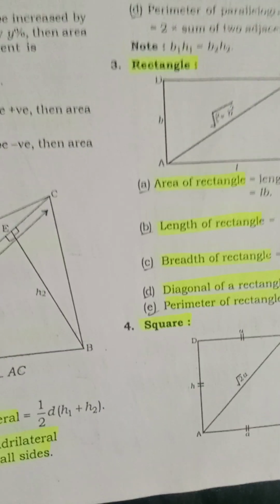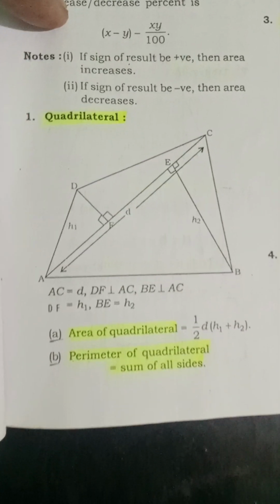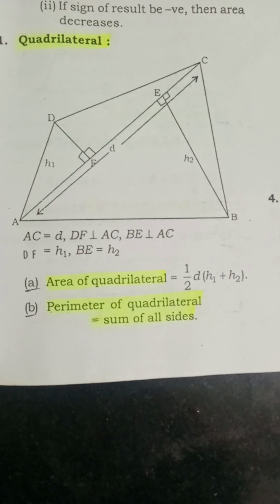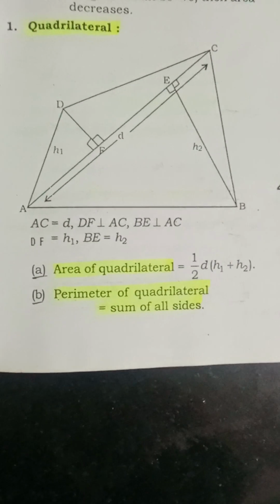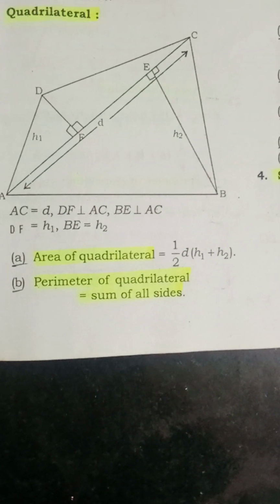Next point, quadrilateral formula. Area of quadrilateral is equal to 1 by 2 d (h1 plus h2). Perimeter of quadrilateral is equal to sum of all sides.